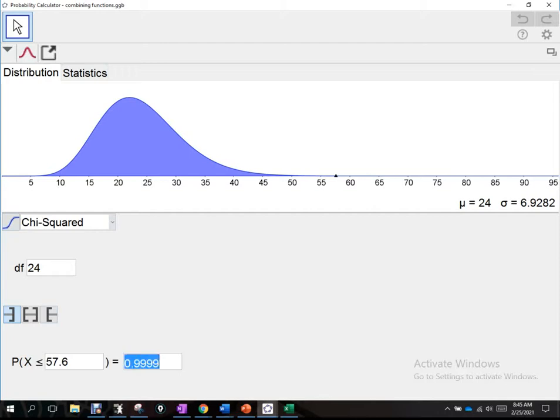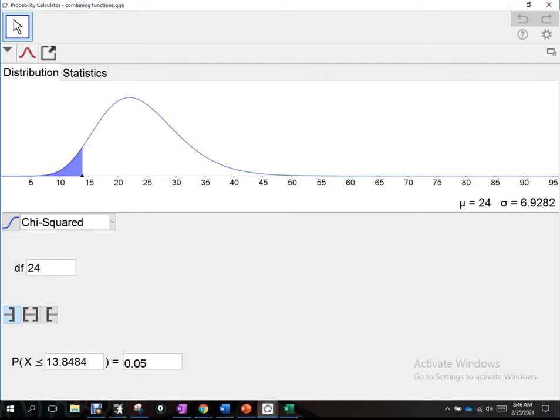So if I want alpha over 2, if I go like 0.05, I have to type in 0.05 right there, and that gives me the chi-squared left value that we were getting out of the table yesterday, okay.